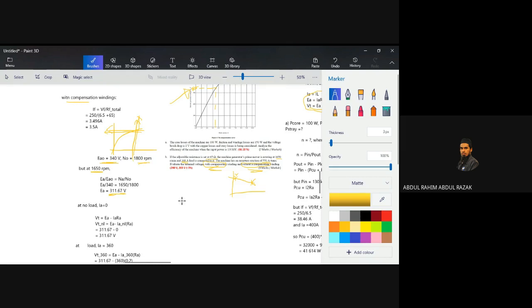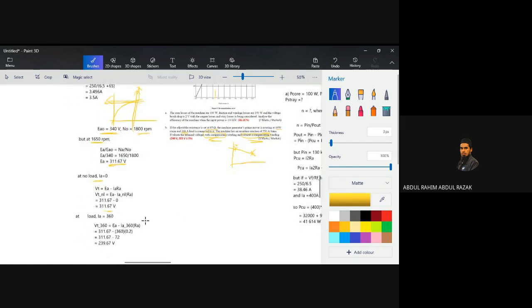Once we obtain the corresponding generated voltage, we consider at no load how much the voltage actually is. At no load, I armature is 0. So we get 311.67 output. It means that there is no voltage drop across the armature resistance, so the voltage will be maintained.